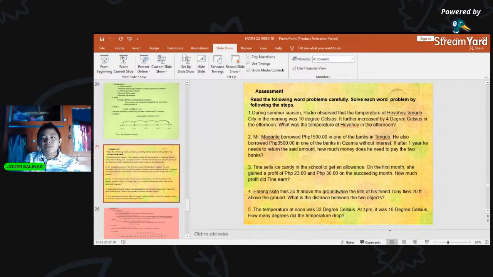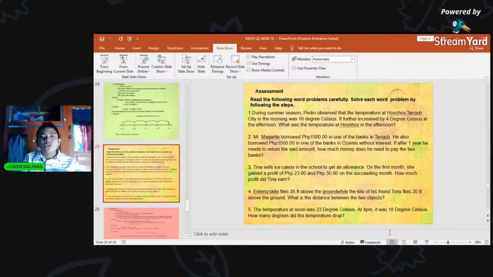Okay, next, number two. Number one, we're dealing with temperature. Number two, Mr. Magante borrowed 1,500 pesos in one of the banks in Tangub. He also borrowed 3,500 pesos in one of the banks in Ozamiz without interest.